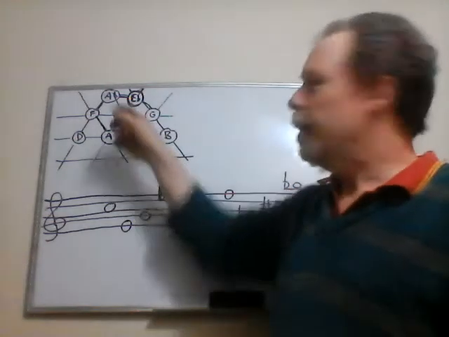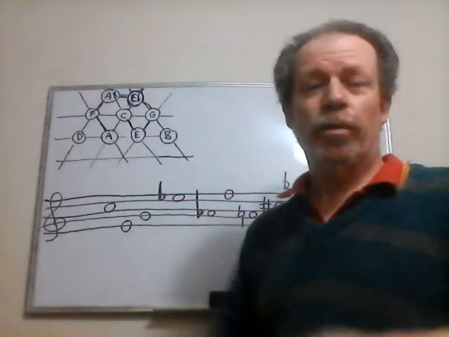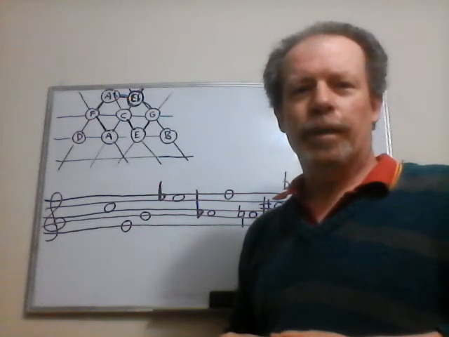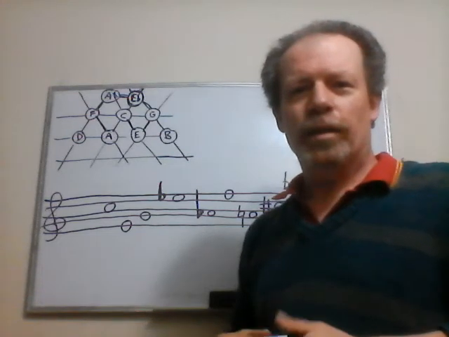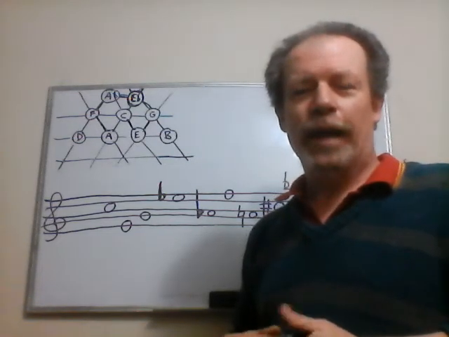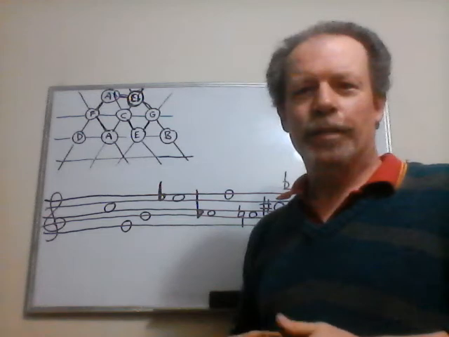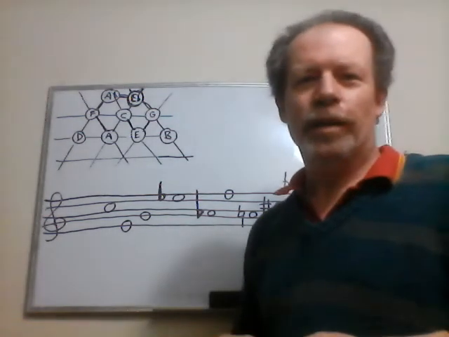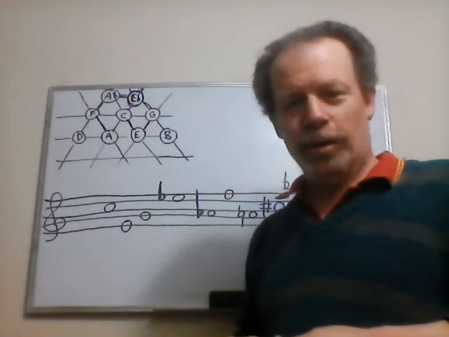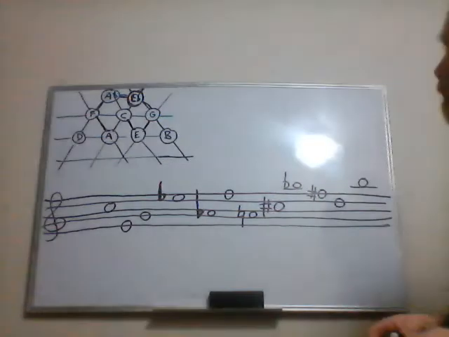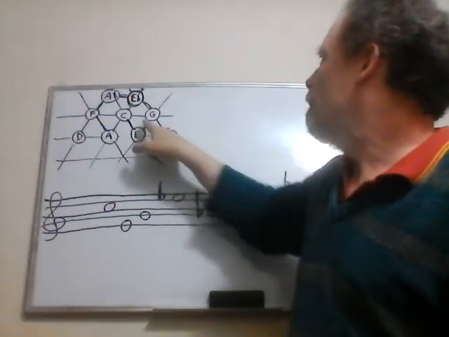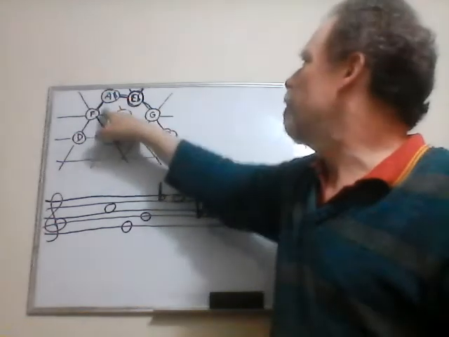If you can put them at intervals where they're a little bit further apart, or in more obvious consonant relationships, you can get a less kludgy sounding line out of it. And contrary to what many people think, people who write serial music don't want everything to sound like a big mess. They don't.